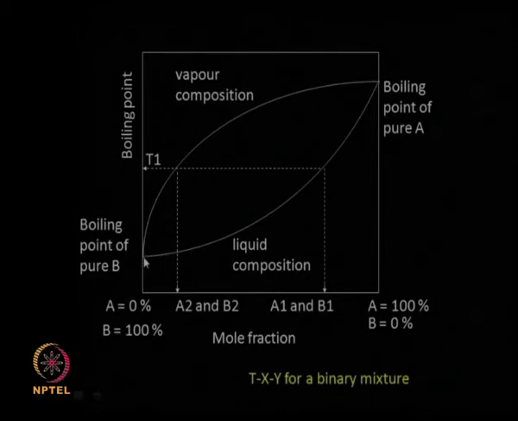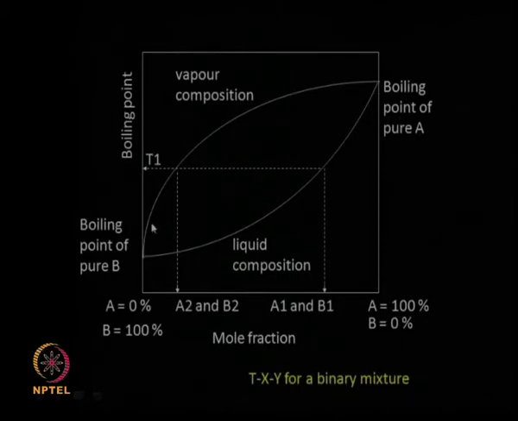So here this corresponds to the boiling point for pure B, this corresponds to the boiling point for pure A, because here you have 100% A, here you have 100% B. So this temperature corresponds to the boiling point of pure B, this temperature corresponds to the boiling point of pure A. You can have the other way also. In this particular picture we are showing that the boiling point of pure A is higher than the boiling point of pure B, but you can have another situation where the boiling point of pure A could be lower, and the boiling point of pure B could be higher.